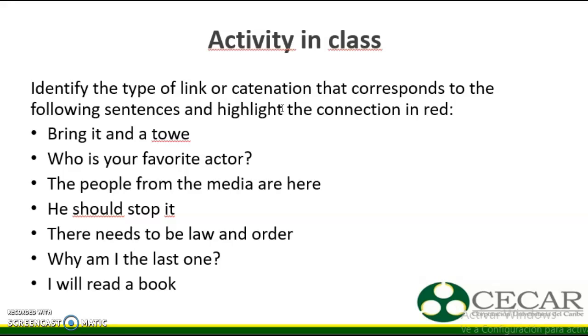Who is your favorite actor? The people from the media are here. They should stop it. There needs to be law and order. Why am I the last one? I will read a book.